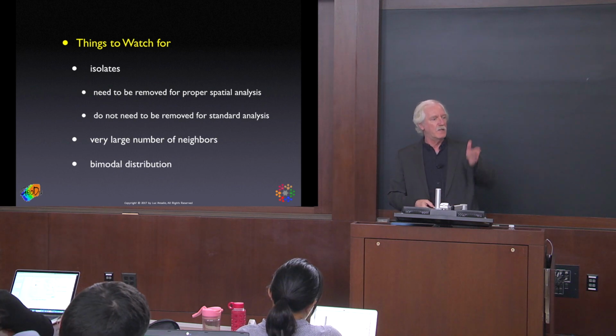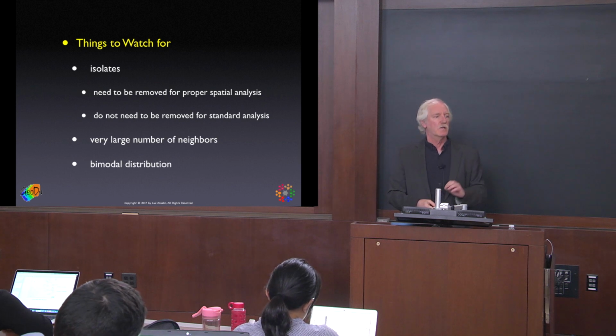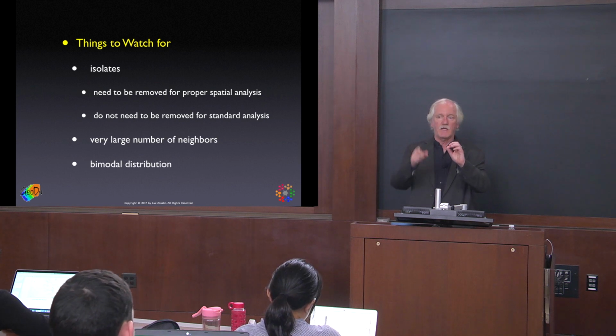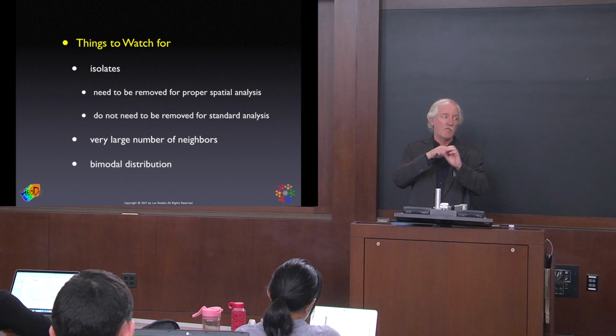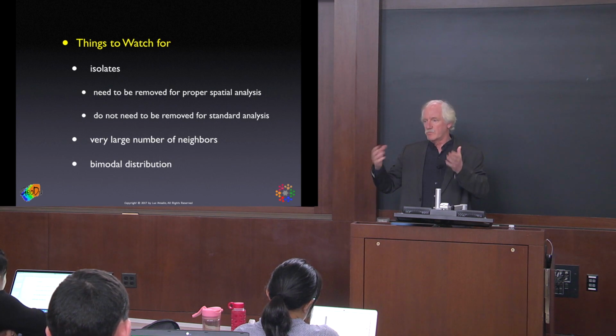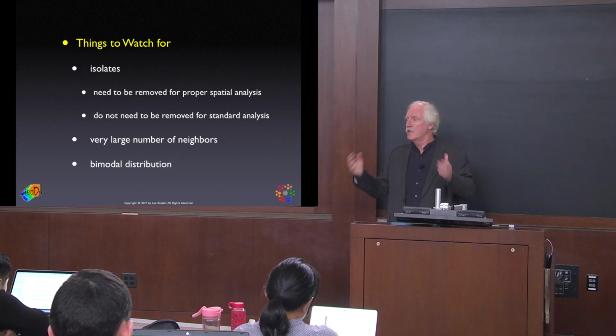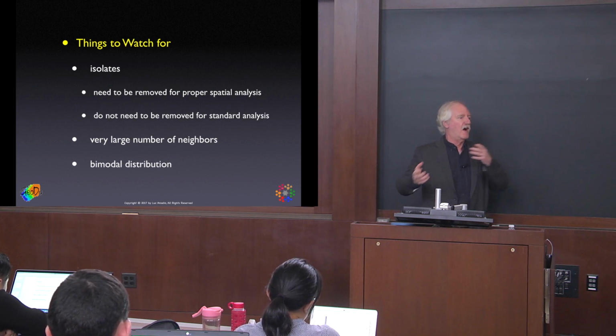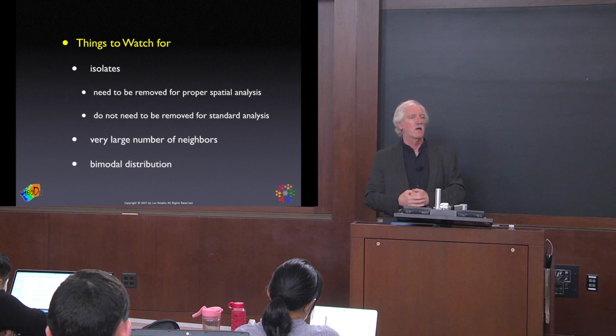The spike at 1 is all the city counties. They have one neighbor. It's the county that's around them. They have no other neighbors. And then all the other counties have kind of a normal neighbor structure with 4 or 5 neighbors as they usually do.